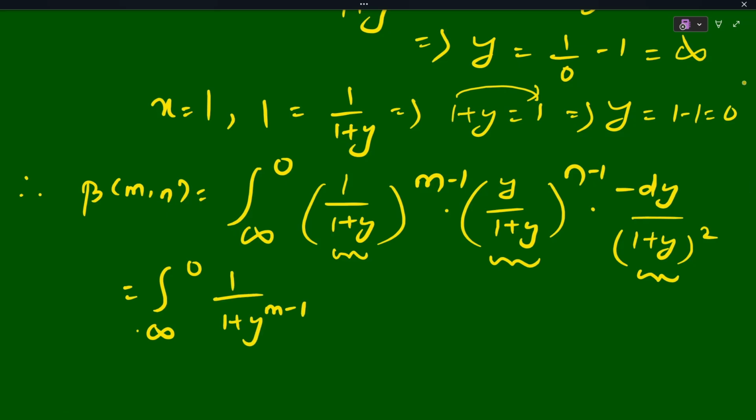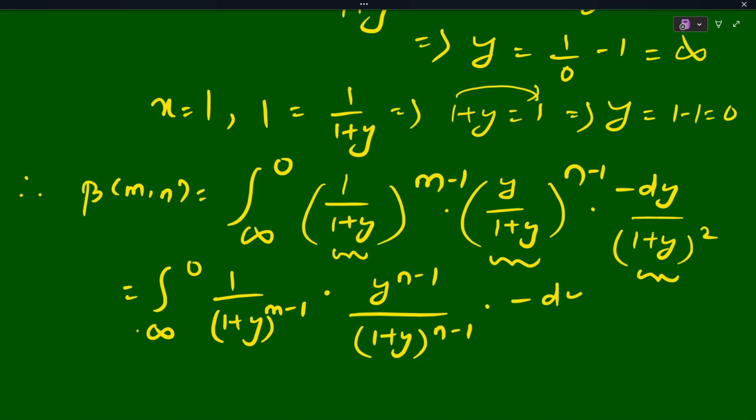The power is split to both numerator and denominator, and in the numerator it is 1 to the power m minus 1, so it would be 1 only. Then this term, by splitting this power, would be y to the power n minus 1 by 1 plus y to the power n minus 1. And here also there is a bracket, and here the minus sign we will take out. Then this term is 1 plus y whole square.